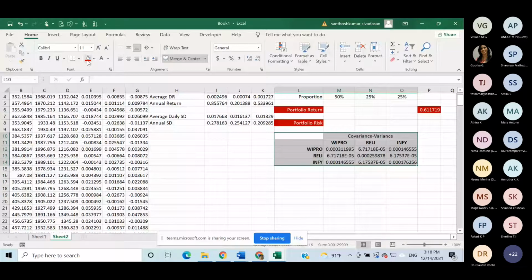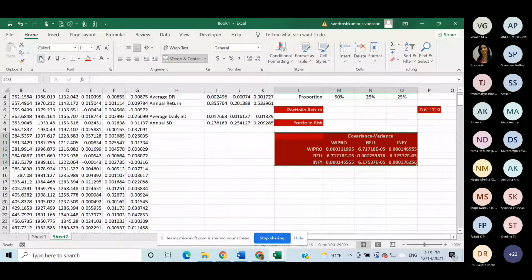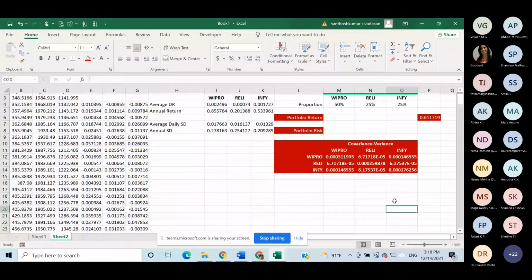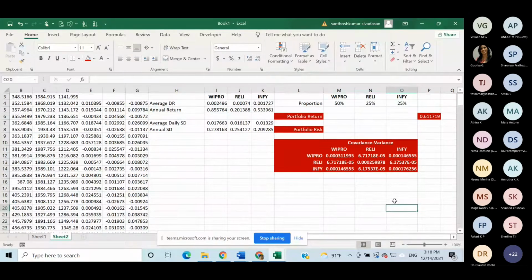With this, first of all, we will be computing the portfolio variance. Then you take the square root of portfolio variance and you will get the portfolio standard deviation. So how do we compute the portfolio variance?